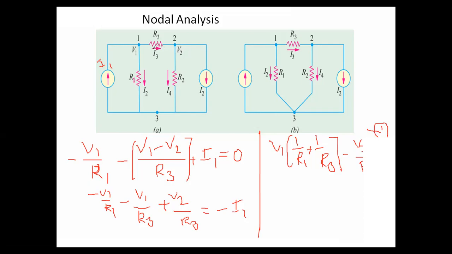Okay, so incoming currents are taken as positive, outgoing currents are considered negative. So minus of V2 minus V1 by R3.